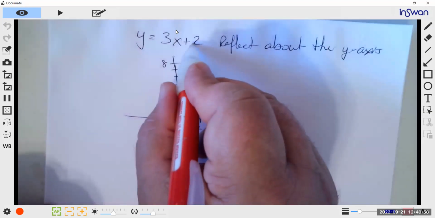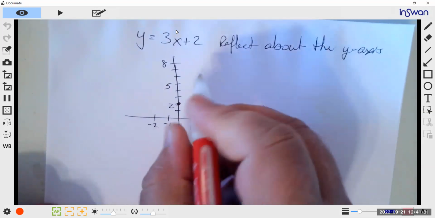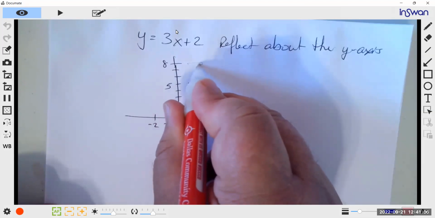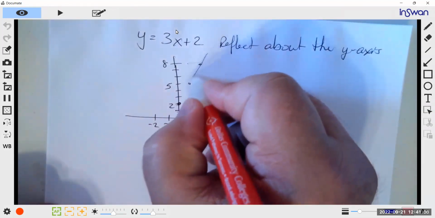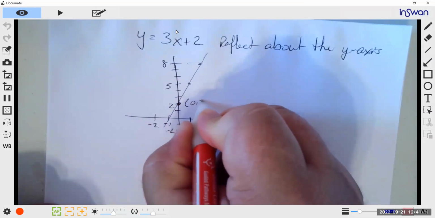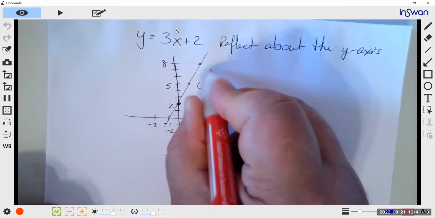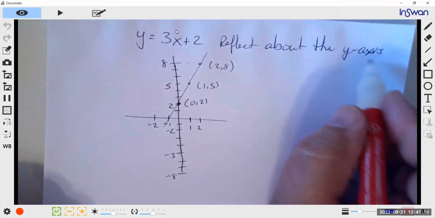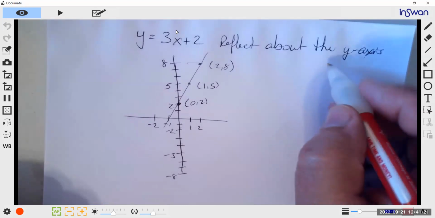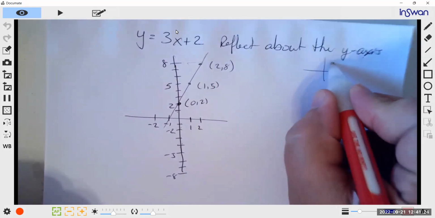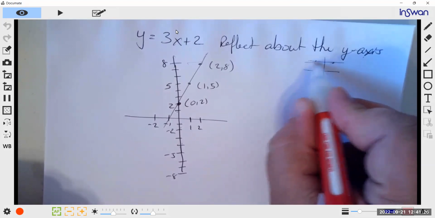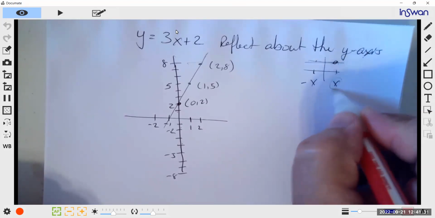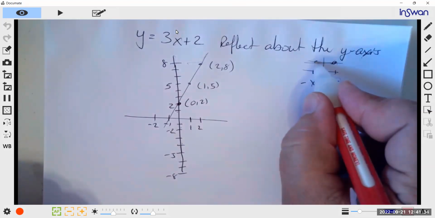The original equation started off at 2. And we'll go up 3 over 1, up 3 over 1. So we have our points at 0, 2, 1, 5, 2, 8. So to flip across the y-axis, the y values stay the same, x changes from positive x to negative x.